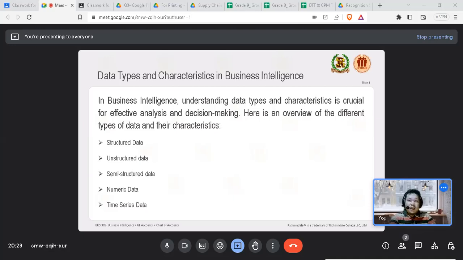Next is semi-structured data. What does it mean? Semi-structured data represents a middle ground between structured and unstructured data.